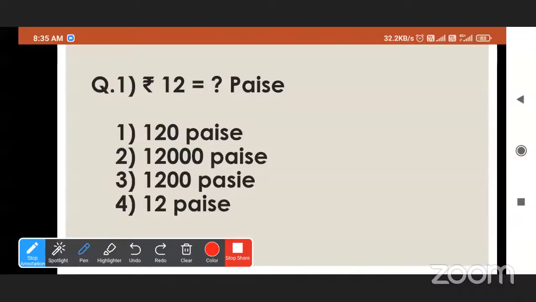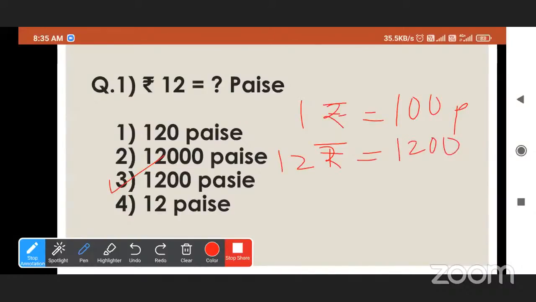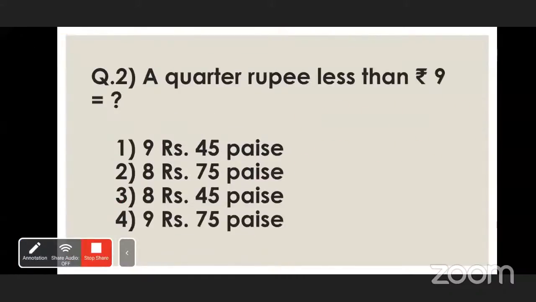Okay, because 1 rupee is equal to 100 paise. So 12 rupees is equal to 1200 paise. Very good.